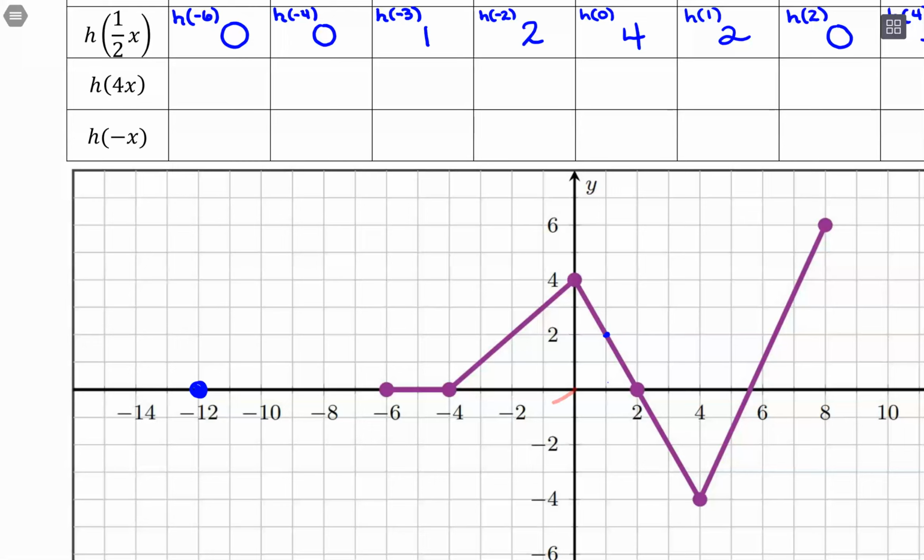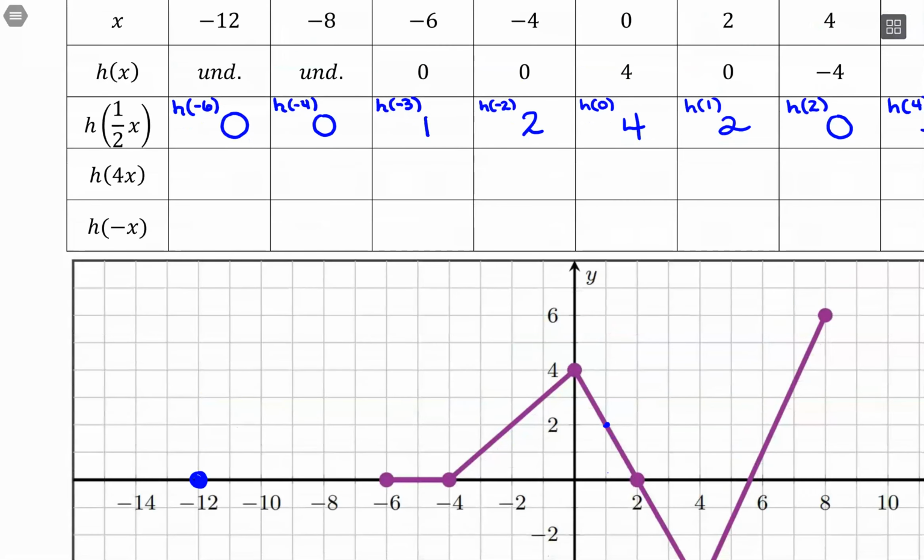Here, it's going to be the distance from the y-axis. So where we have this distance of 6, now it's this distance of 12. And then we'll have this coordinate -8, 0, and that's coming from this change at -4, 0. So where we had this distance of 4, now we have this distance of 8.